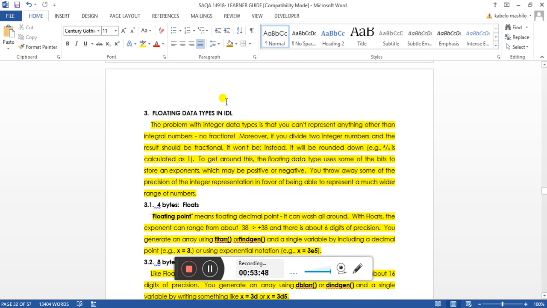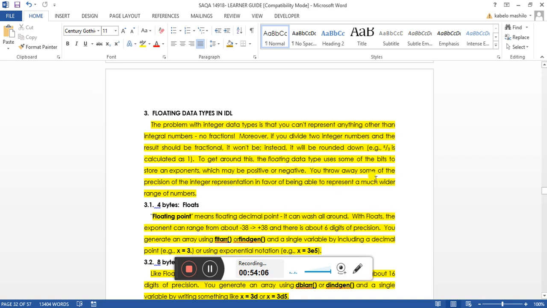We've got floating data types in ADL. The problem with integer data types is that you can't represent anything other than integral numbers. To get around this, the floating data type uses some of the bits to store an exponent, which may be positive or negative.